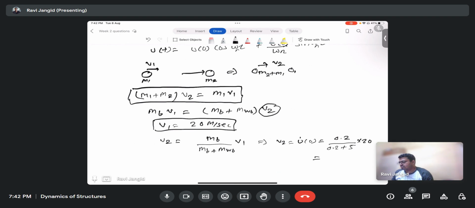Point 0.76. Okay, this is coming around 0.769 or 0.77 meter per second. Can you tell me what is my u0? That would be 0.